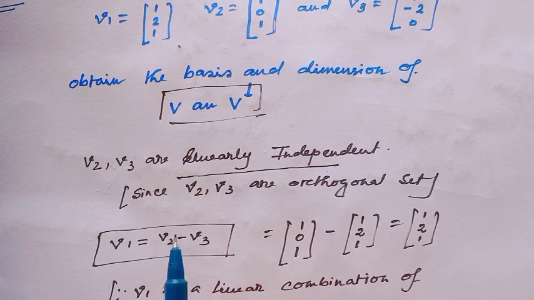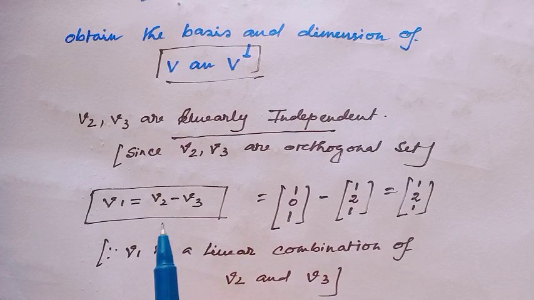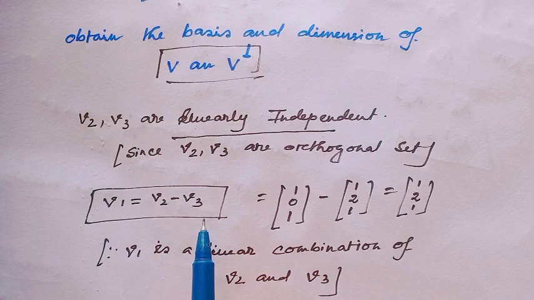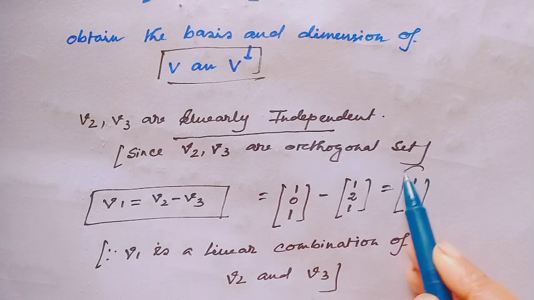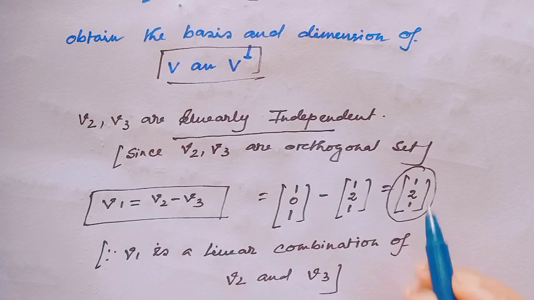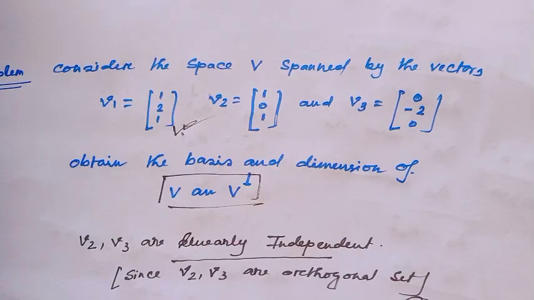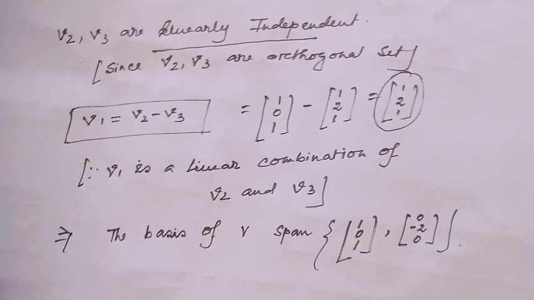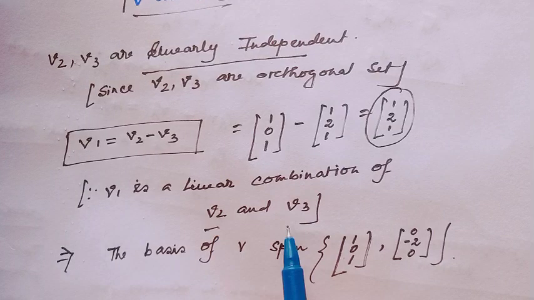And notice V1 is equal to V2 minus V3. If we subtract, then I will get this vector, and this is actually V1. So V1 is a linear combination of V2 and V3.